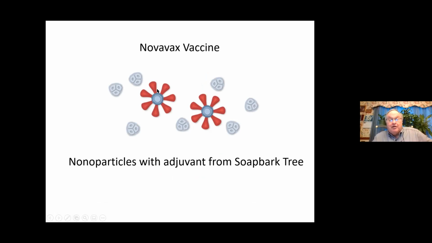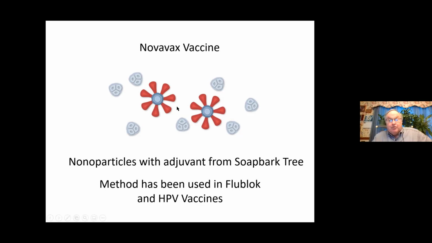This adjuvant causes the immune system to get kind of stirred up and to recognize the spike protein on the nanoparticles, so that the vaccine will be more effective and produce a better immune response. This method has been used in a couple of vaccines that have been successfully produced, but they're having more trouble with the COVID virus, and actually it's just now entering phase 3 trials. So this vaccine won't be around for a while.